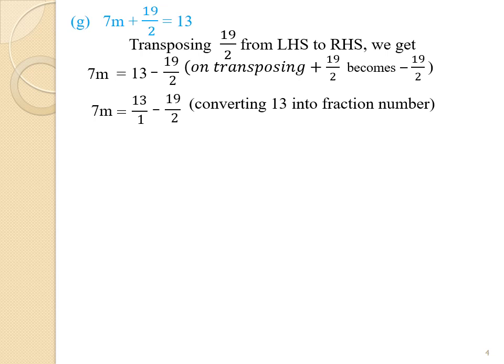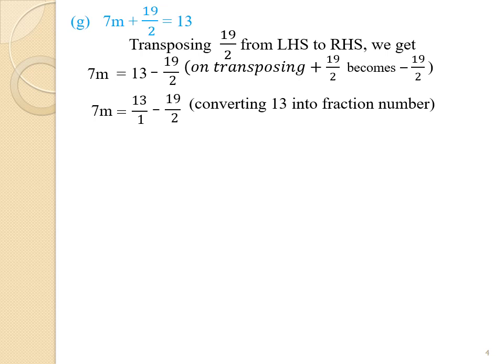So, first of all, we have to convert unlike fractions to like fractions by finding out the LCM of 1 and 2. As the LCM of 1 and 2 is 2, we have to find out equivalent fractions of 13 upon 1 and 19 upon 2 with a condition that denominator must be 2.